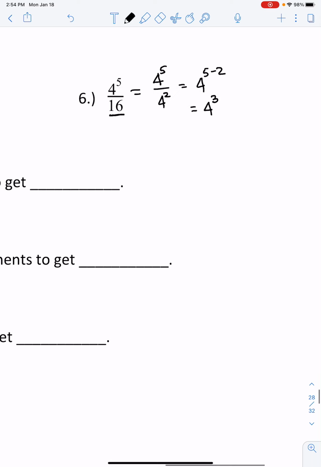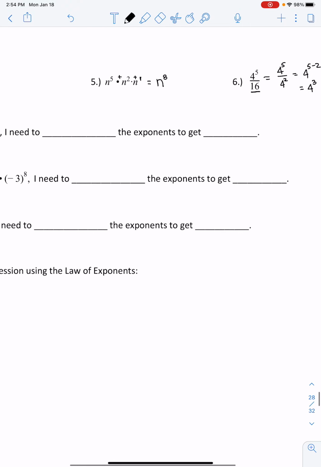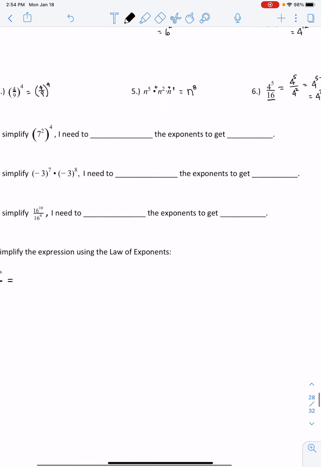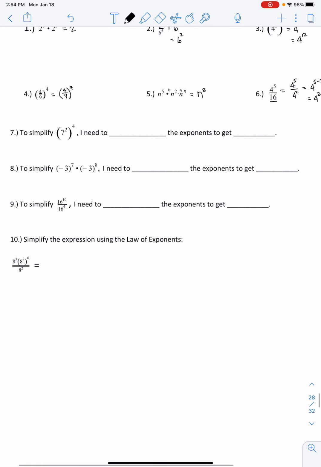These next 3 questions we're going to answer. Number 7 says to simplify 7 squared to the 4th power, we would need to multiply the exponents to get 7 to the 8th power.